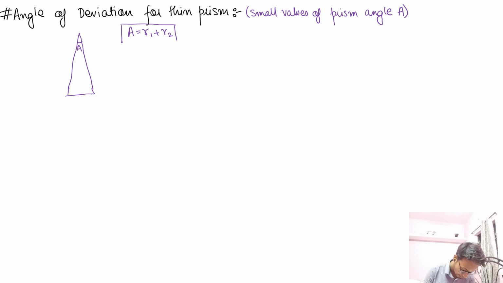So when R1 and R2 are small, can I apply the relation that I derived earlier, where A plus D is equal to I plus E?